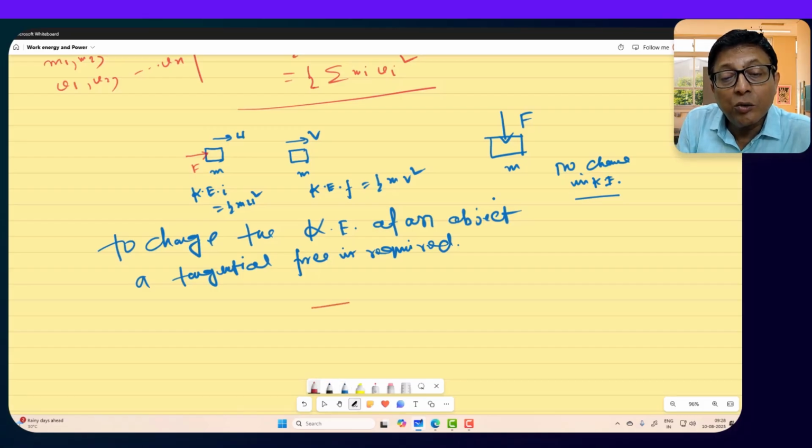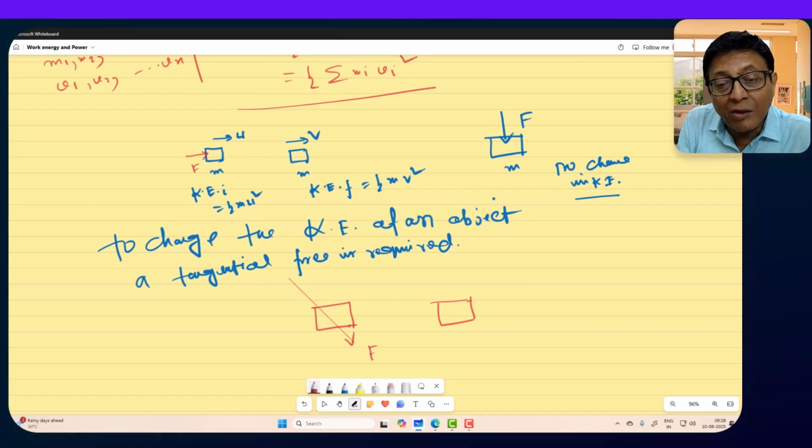Okay? So to move the object in the forward direction, a force is required which has a component this way. That will be referred to as the tangential force, Ft. You can apply it here also, no problem. But if we go by components, then this force, F normal, is a no work force that we have done before.